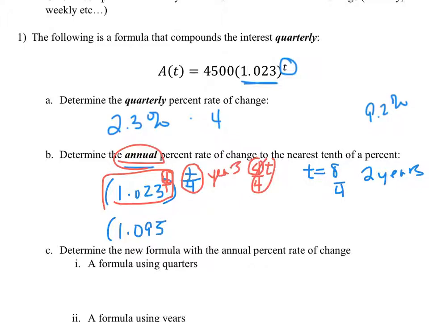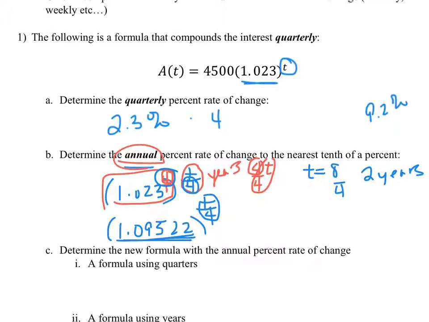So if I do this math, this is what I get, something like this. Okay, so this to the T over 4 years. My stylus isn't working very well. Okay, so this is my base now, and this is going to tell me my annual percent rate of change. I'm not changing the formula at all because it's just 4 over 4 here. That's still a 1. What I'm doing now is saying, okay, if I want this to be years, this is going to be my annual percent rate of change.